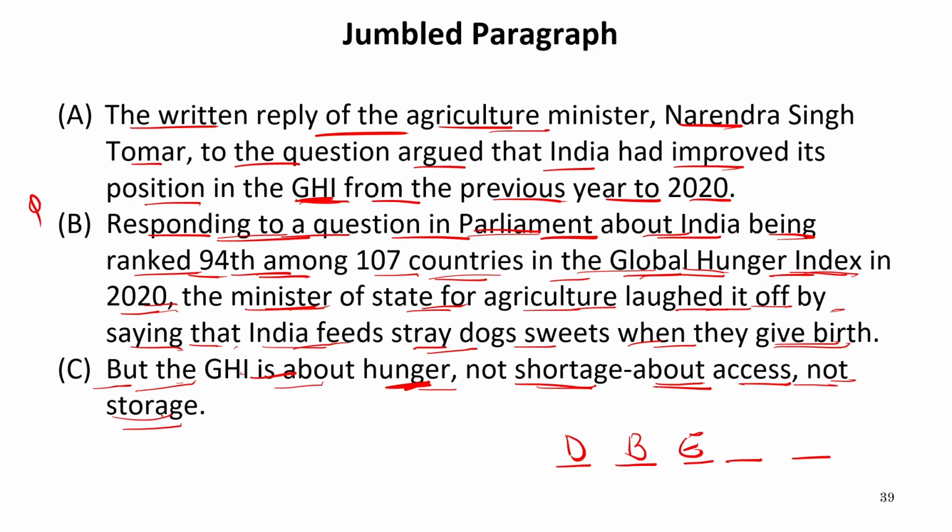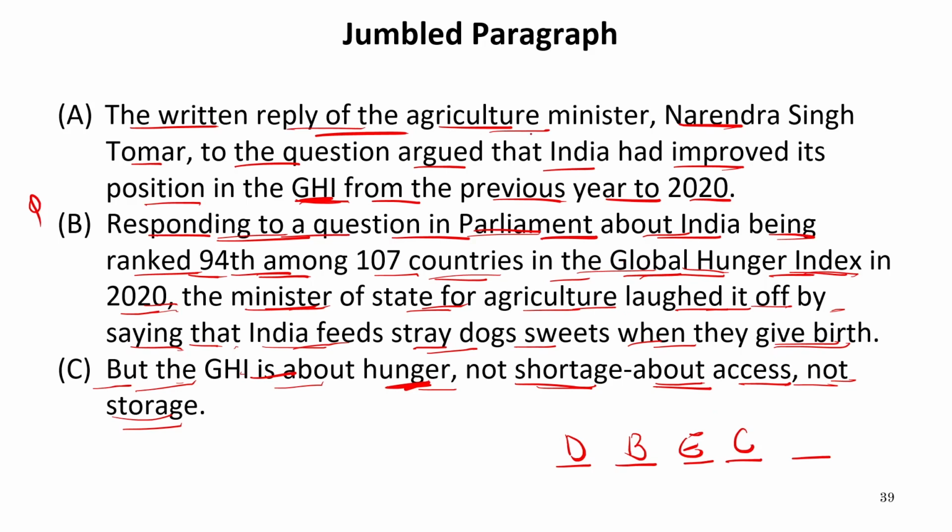Now, it has contrasted the sentence E, that GHI refers to an index which is about hunger, not about the shortage of food, not about the storage of food. So it definitely contrasts the sentence E.